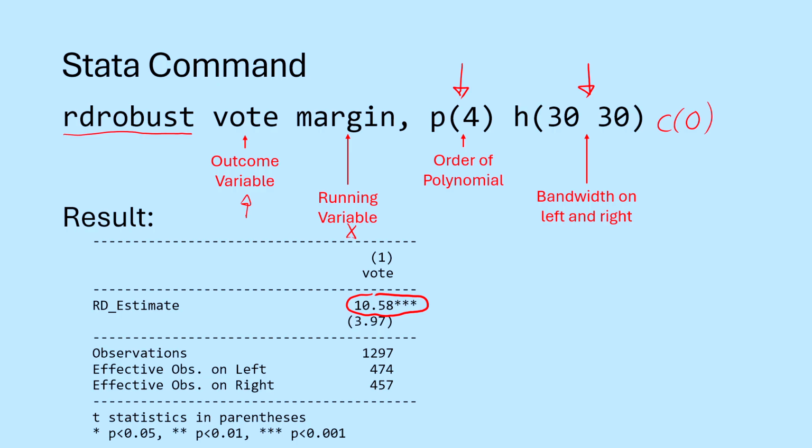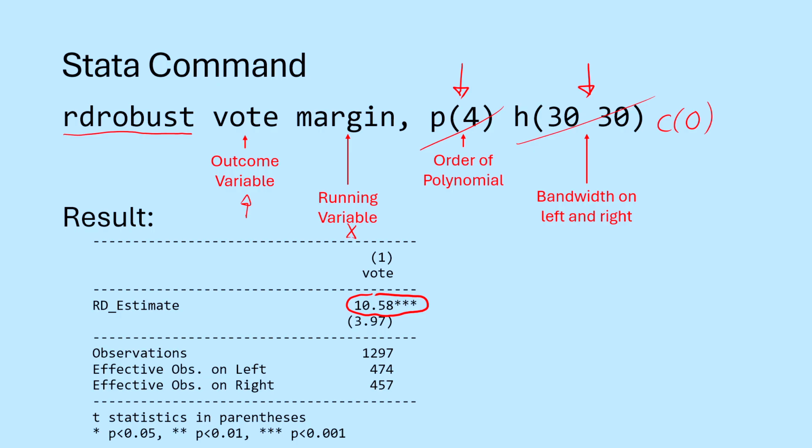Now, if you're running this, if you have the do file, I would recommend playing around with it a little bit, making sure that you understand what's going on. And you'll notice that if you don't include any options over here, if you don't include the order of the polynomial, and if you don't include the bandwidth to the left and to the right, Stata will do something by default.